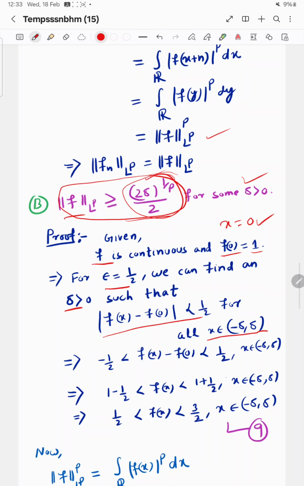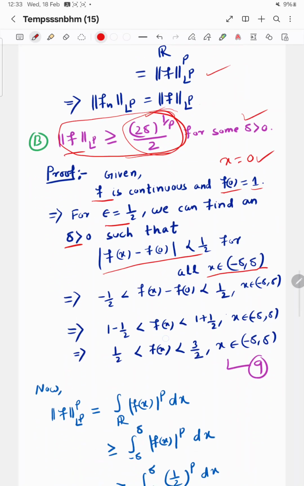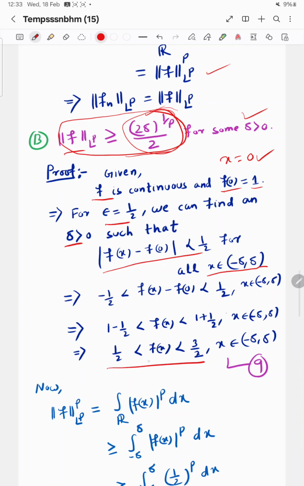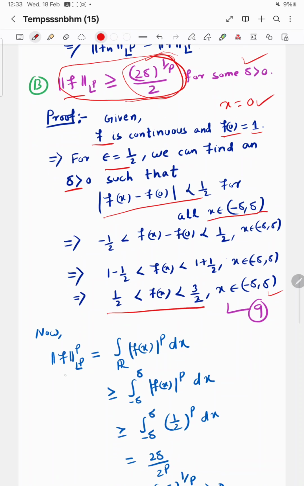After simplification, you reach the step that f(x) is strictly greater than half and strictly less than 3/2 for all x in the interval from minus delta to delta. Now we will proceed to calculate this L^p norm of f to the power p.